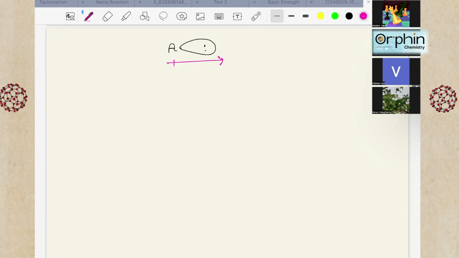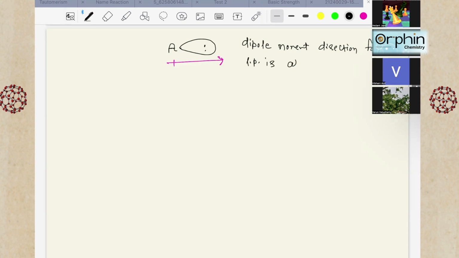So nucleus to electron only. So we can say the dipole moment direction for a lone pair is always in the direction of the lone pair only.